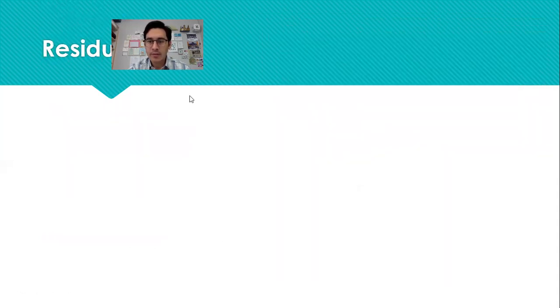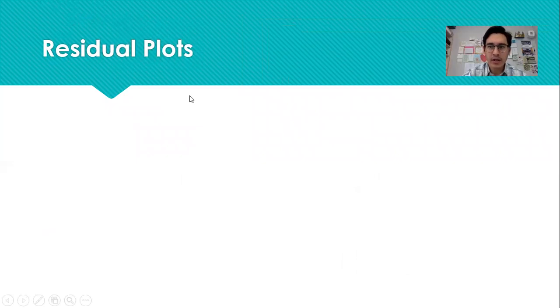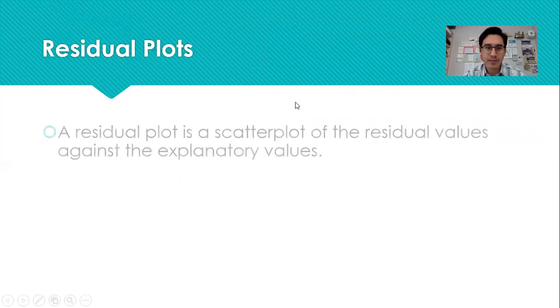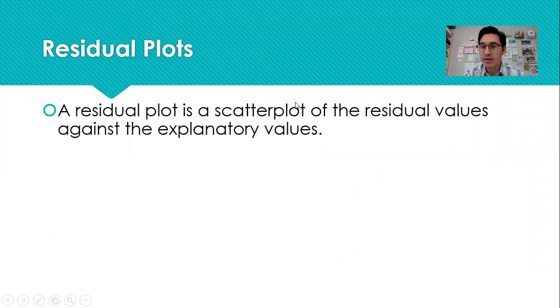We can then calculate the residual for every data point in our scatter plot and then create what's called a residual plot. Now this is just another scatter plot, but instead of x versus y, we're going to graph x versus the residuals. So on the y-axis, we'll have the residual values, and on the x-axis will be the explanatory values.